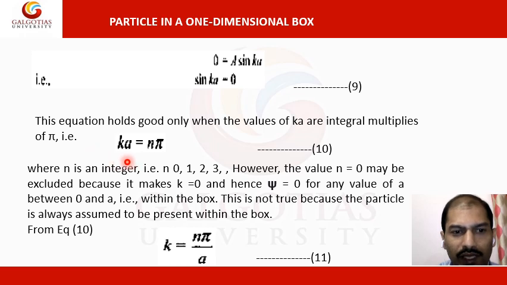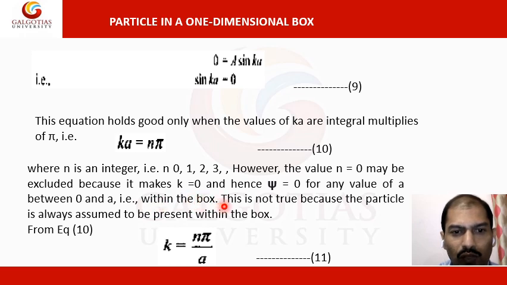So you can say ka equal to n pi, where n is an integer value like 0, 1, 2, 3. However, the value n equal to 0 is excluded because it makes the value of k equal to 0.